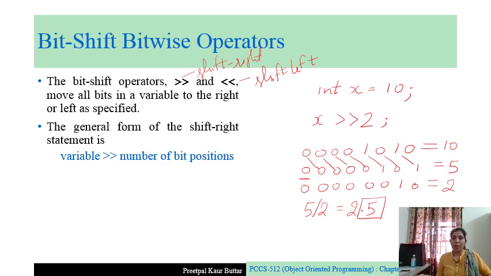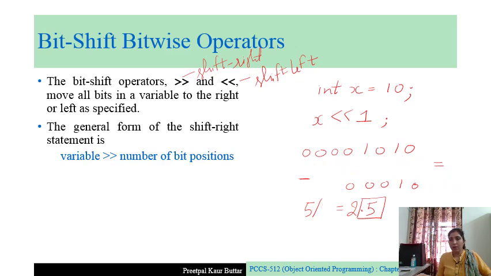Similarly, in case of the shift left operation, if x is originally 10 and we want to shift it left by 1, then we will write x shift left 1. If x is shifted by 1, then what will be the result?